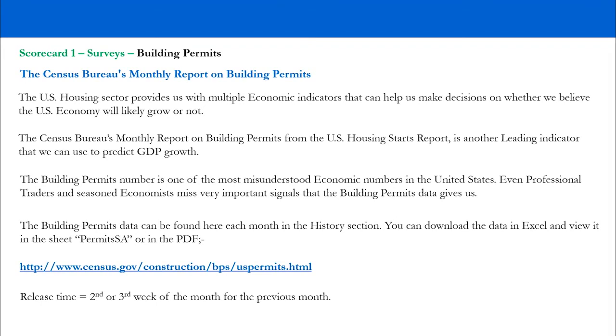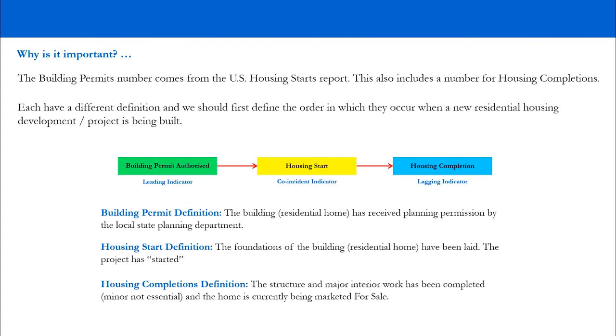And because this number is quite widely misunderstood, that's why it's so useful, because it does predict GDP in the future with a very high level of confidence. Because it's so misunderstood, it's not widely looked at as much as the others. And this is how it's useful.